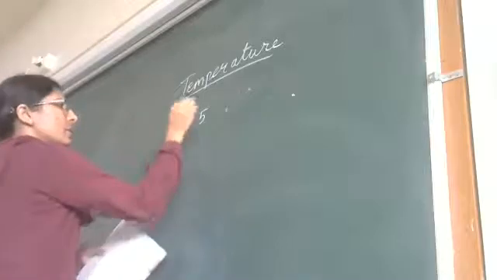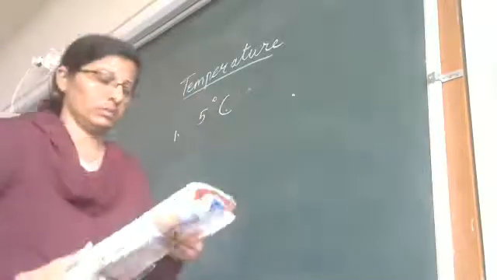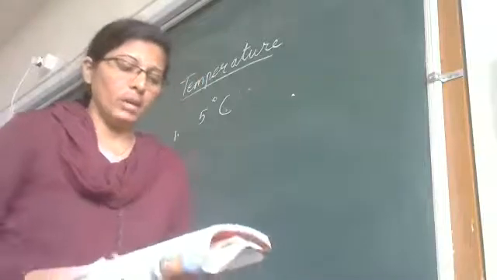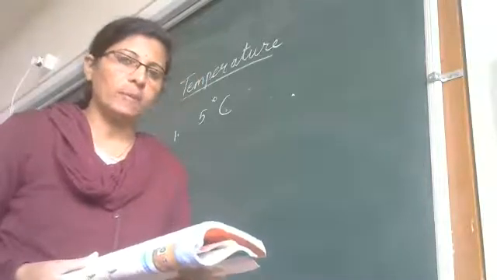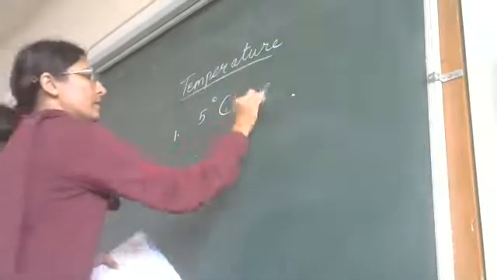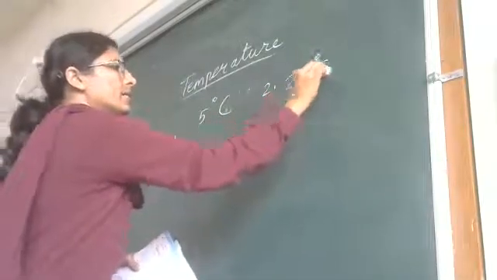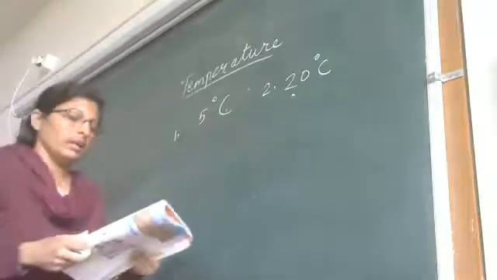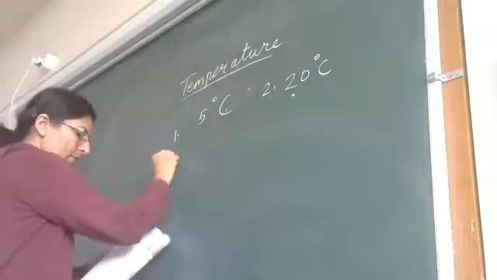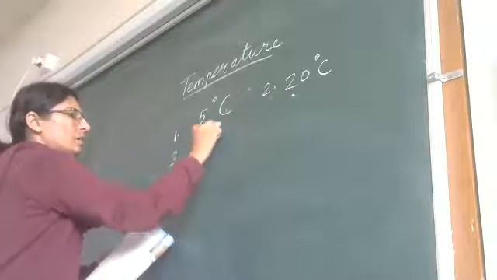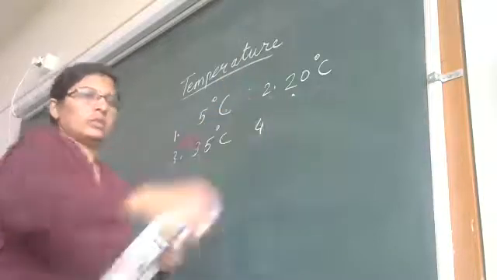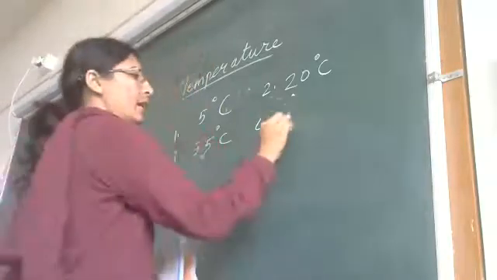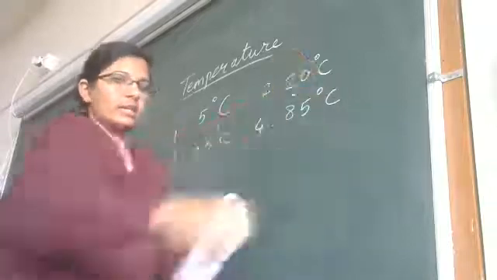The first one is given so you know how to read it. Now the next one, where the mercury is at 20 degrees Celsius. The second one is 20 degrees Celsius. The third one is 35. Then the next is 85 degrees Celsius.